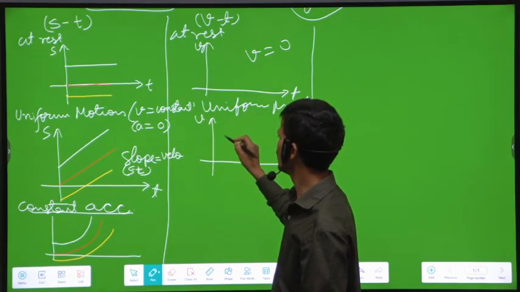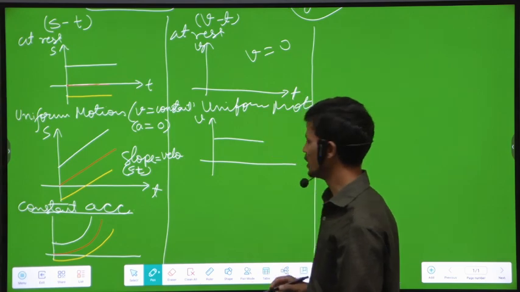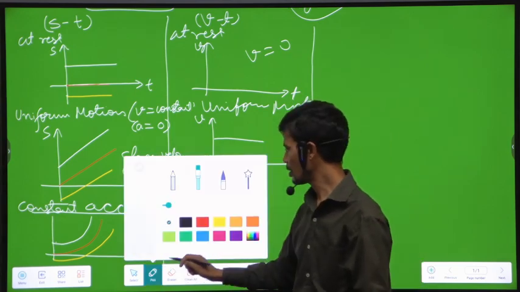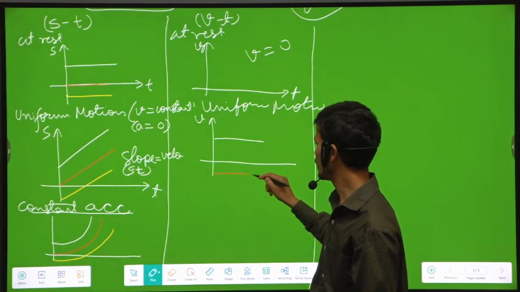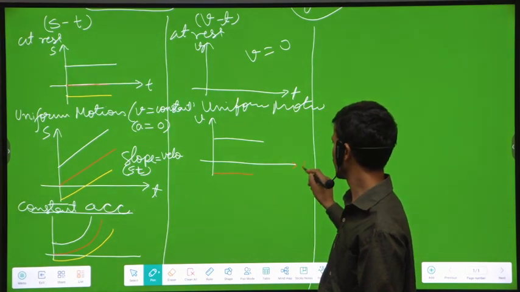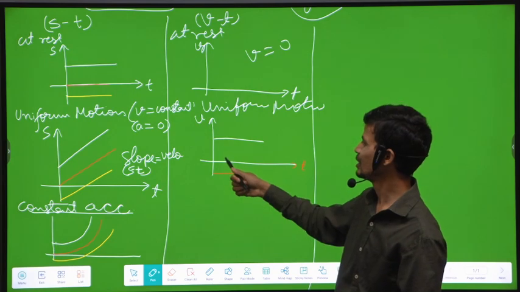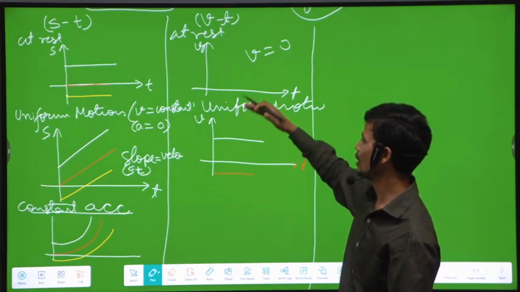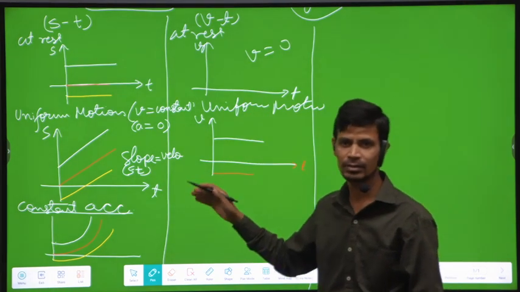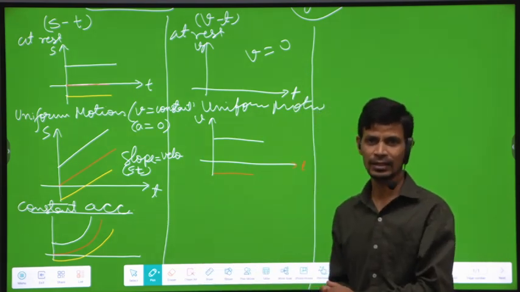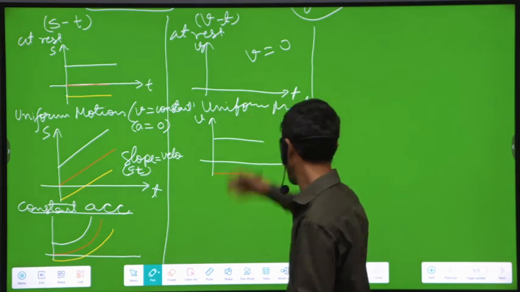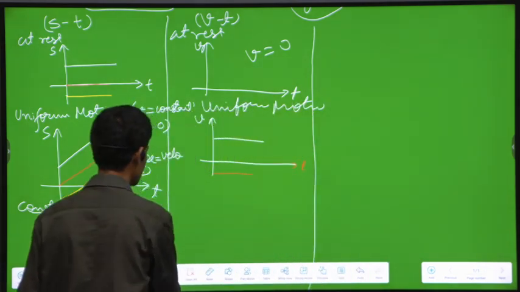So either it can be this, or it can be that. Each time I'm drawing the positive part a bit upper and the negative part a bit lower, it is just in order to save space and nothing more than that. It can be anywhere.